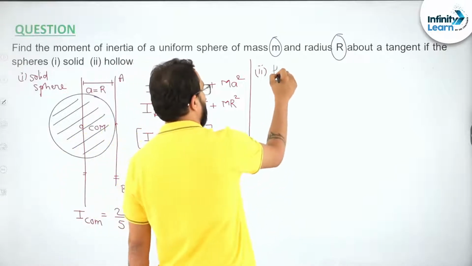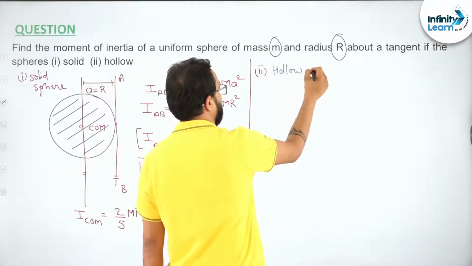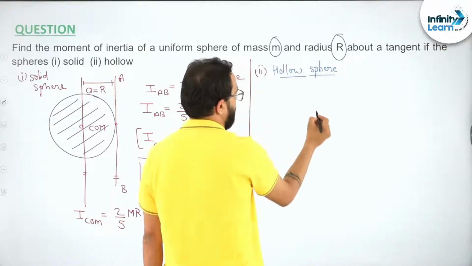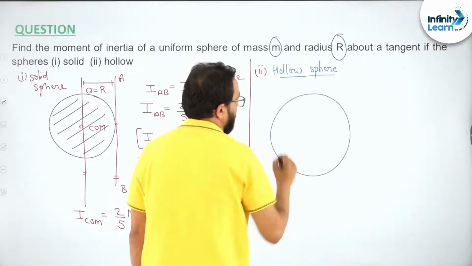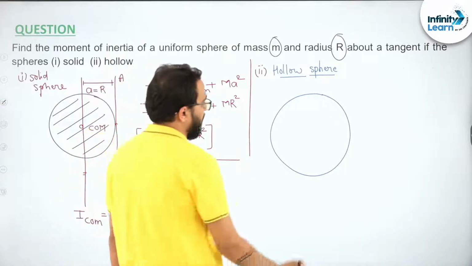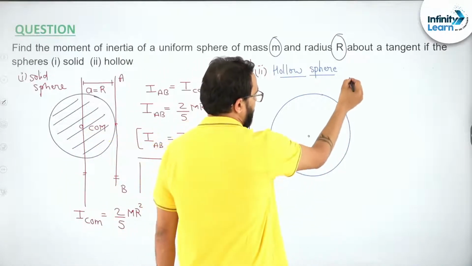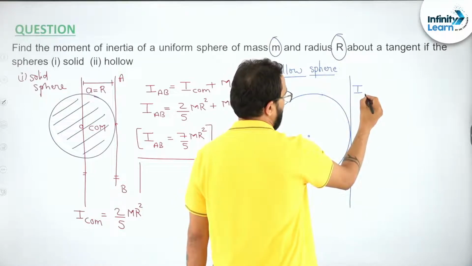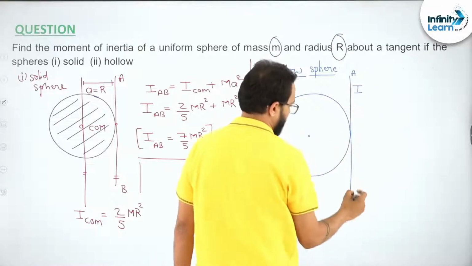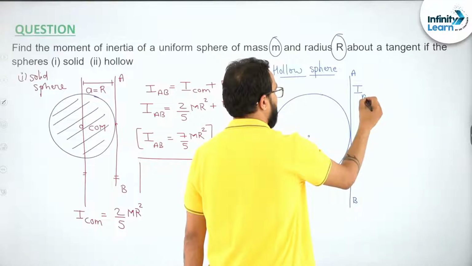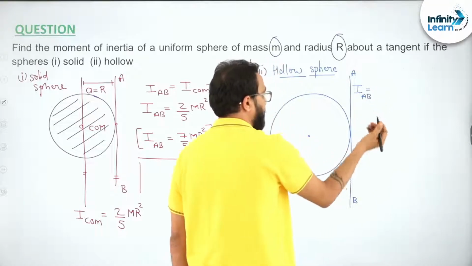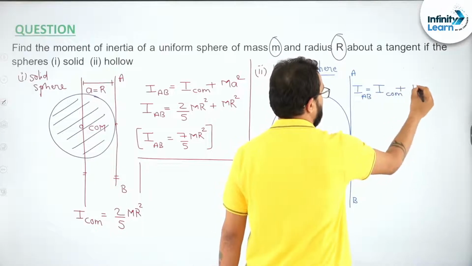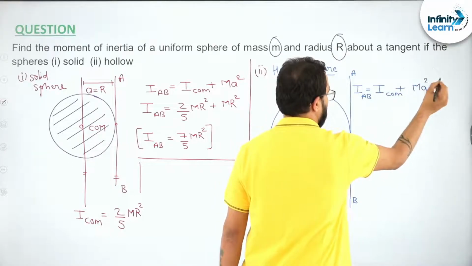So when you take a hollow sphere, what will happen here? Hollow sphere is this. Now again you will say this is the tangential axis, right, about which we need to find the moment of inertia. This is A, this is B. So I about AB again will be what? I about center of mass plus MA square.